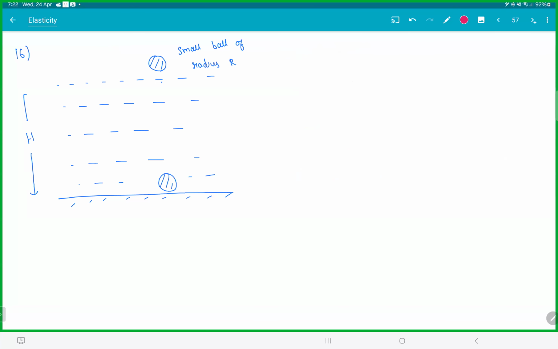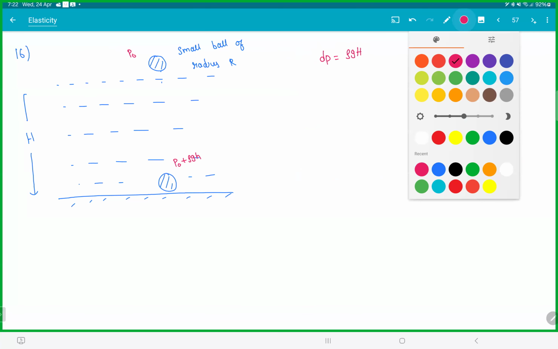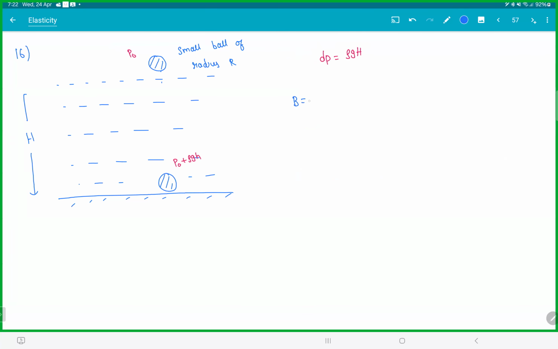So here the pressure on the surface is P naught. Pressure here is P naught plus rho g h. So the change in pressure is rho g h. So when you apply the bulk modulus, it is minus dP into V by dV. So minus rho g h by dV by V.